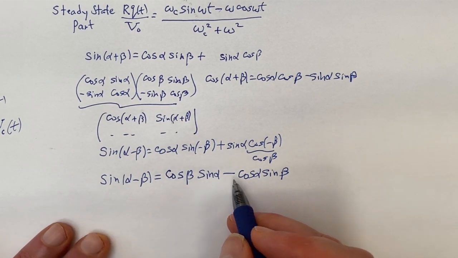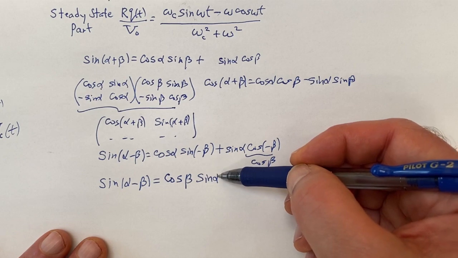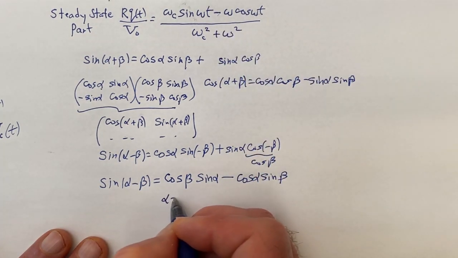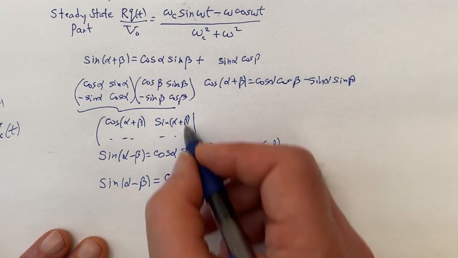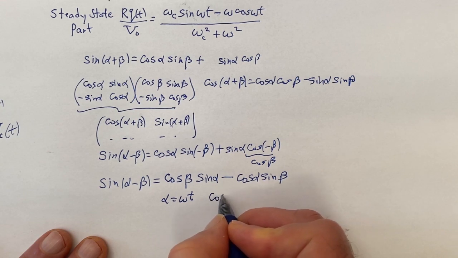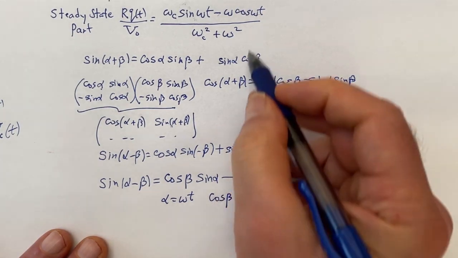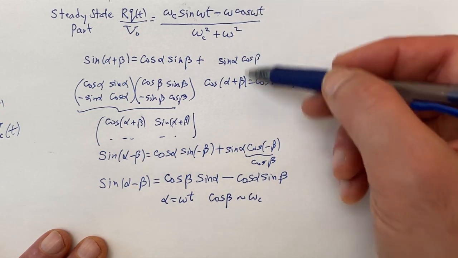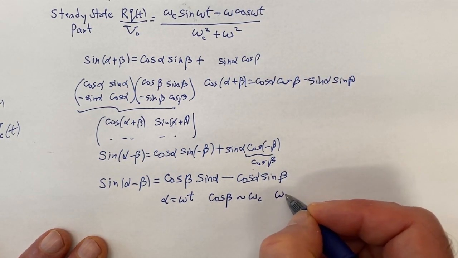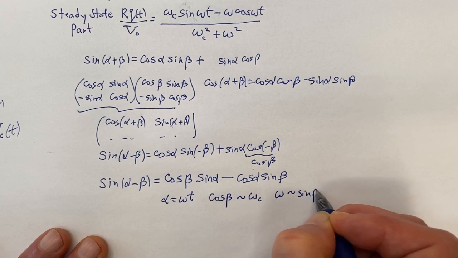All right, now when I look at this and come up here, I'm seeing that the alpha goes with omega t, that assignment. And then the beta, it looks like cosine of beta is related to omega C. Over on the second one, if the alpha is omega t, I have the cosine here. This omega is going to be related to the sine of beta.